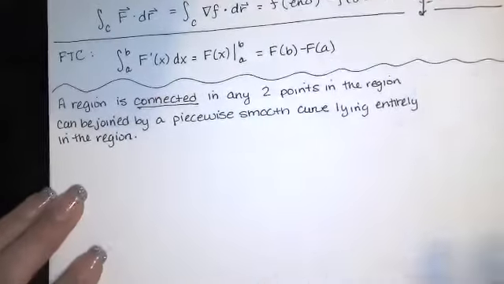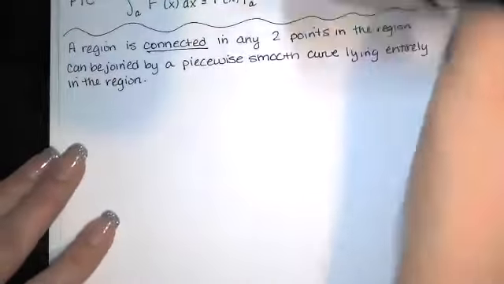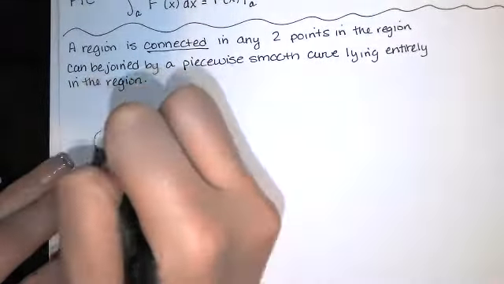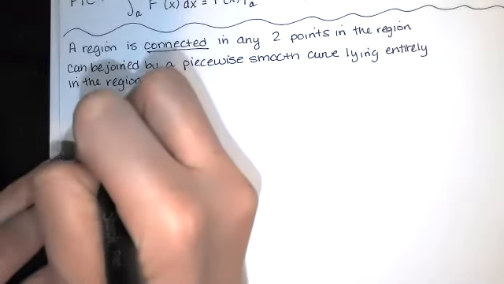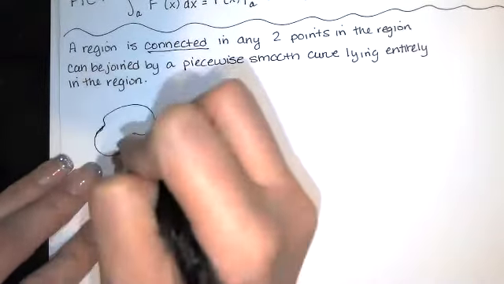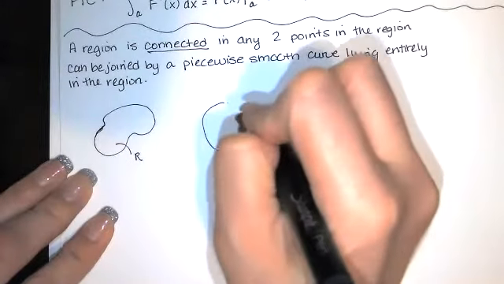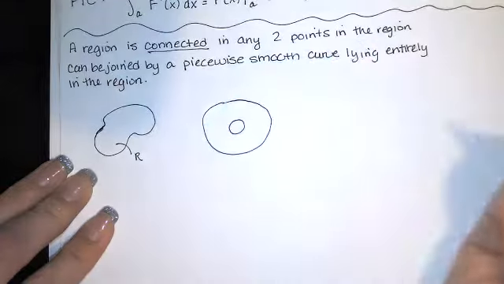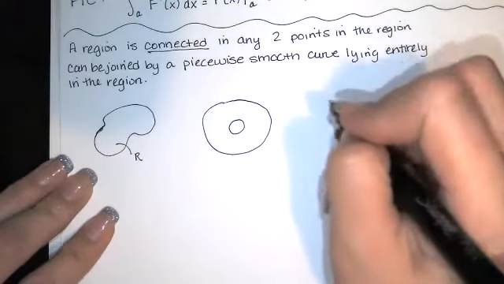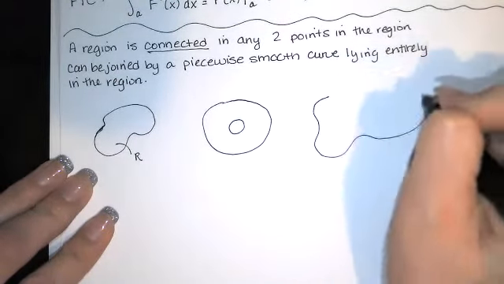So let's say I've got a couple of regions that look like this. There's one region, I'll call that R. And then I have another region, and let's say we've got another region.